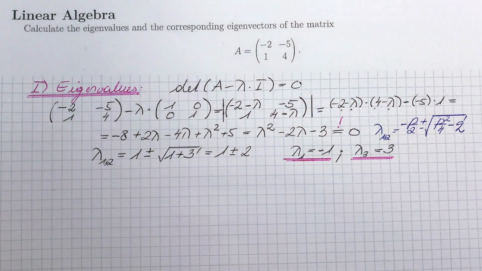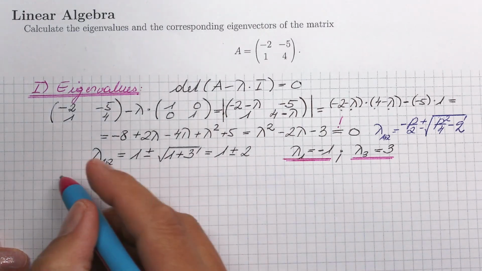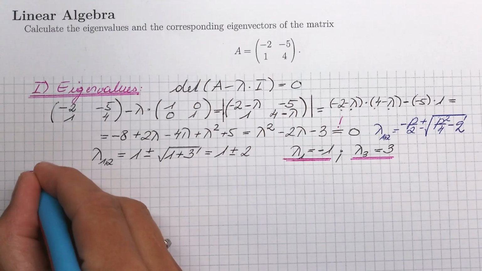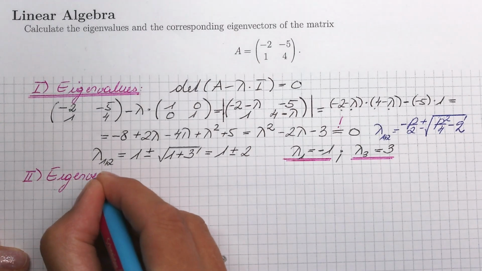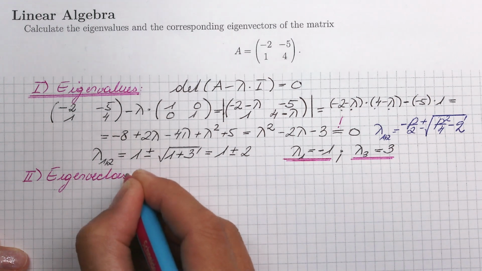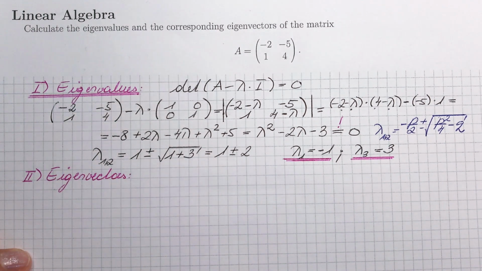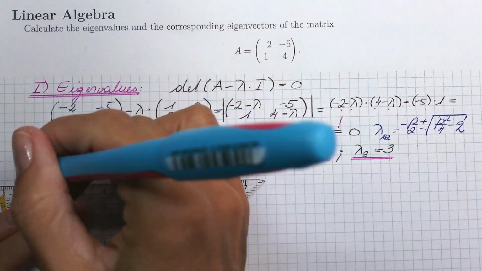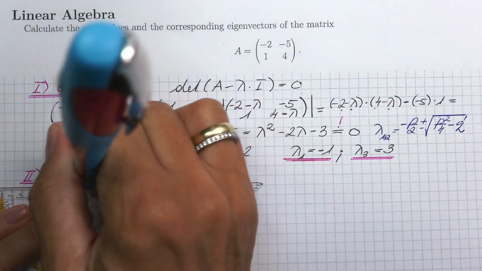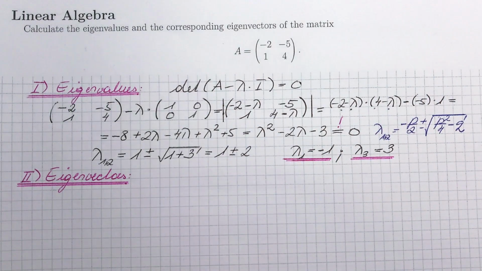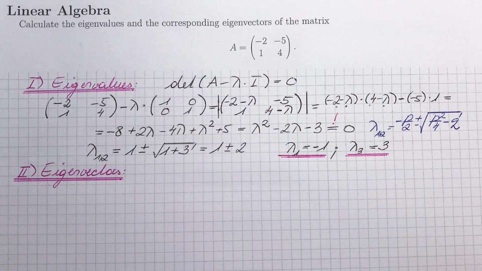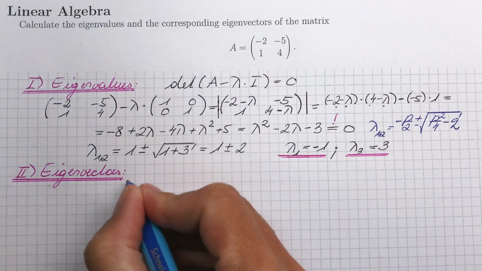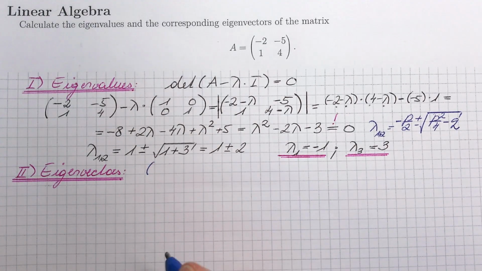Okay, now the next step is to find the eigenvectors. Now step 2, eigenvectors. Again, we're going to apply a certain formula, then just follow it through. How we're going to find the eigenvectors, it's just we solve again an equation.